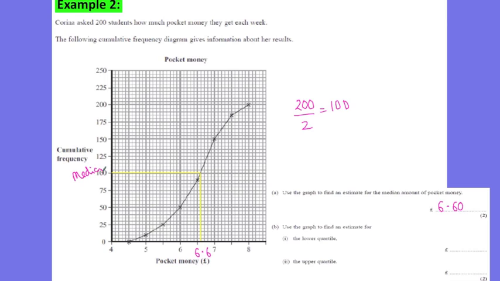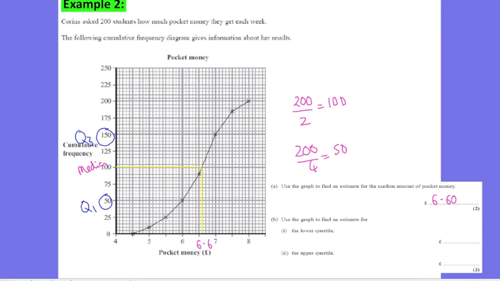We're then asked to work the lower and upper quartile out. So to find our quartiles, 200 divided by 4 is 50. So at this point here, we have our lower quartile, and at this point here, we have our upper quartile. Take your rulers out again, and we're drawing lines across to the cumulative frequency curve and down.